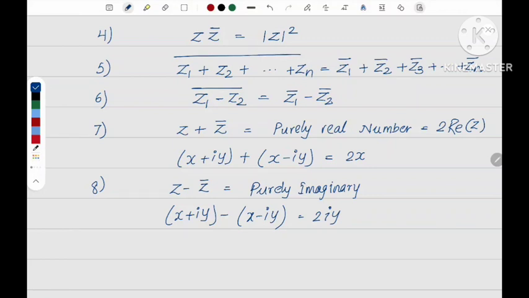So z minus z bar is a purely imaginary number, okay, and this I can write is equal to 2i imaginary of z, 2iy, right?